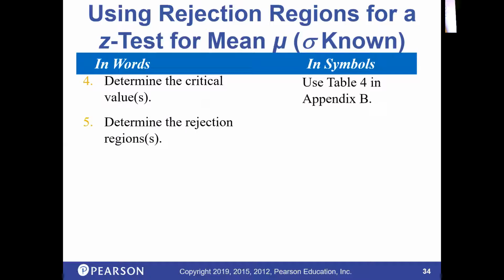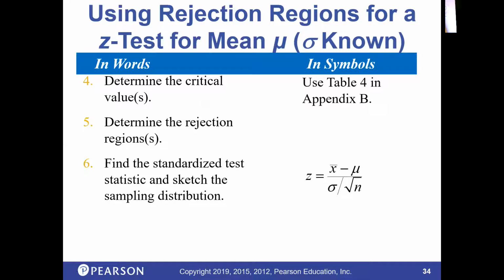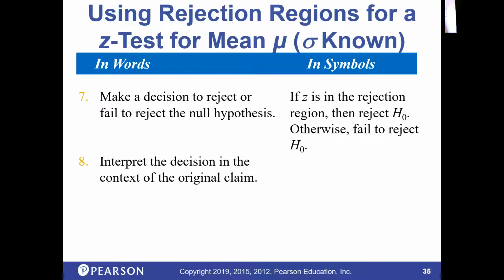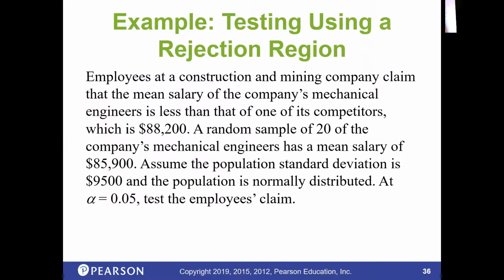Sketch the rejection regions. Calculate the test statistic using the same formula. Determine where the test statistic goes on the figure. So that will give you the decision. You'll interpret your conclusion in terms of the claim. So let's draw one out.